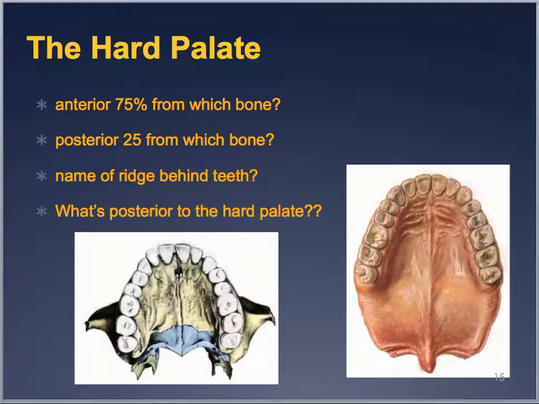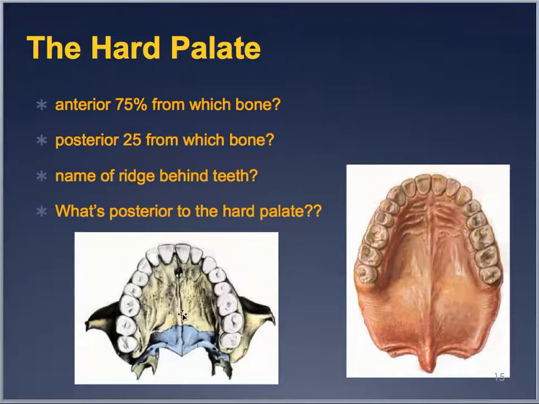Let's recap what we know then about the hard palate. The hard palate is made up of two bones, you will recall. The anterior 75% of the hard palate comes from the palatine process of maxilla bone, and the posterior 25% of the hard palate, shown here in blue, comes from the horizontal plate of the palatine bone.